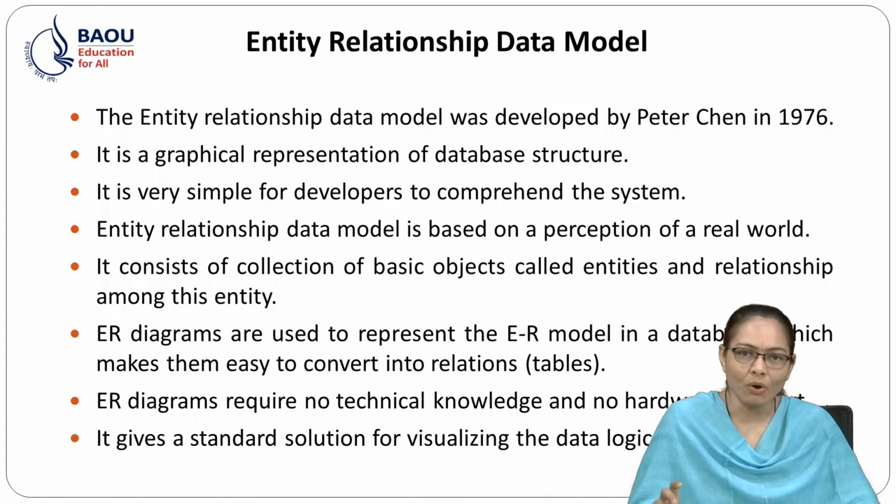In this, all the entities, attributes, and relationships are presented graphically, and we can easily understand graphics. It is very simple for the developer to comprehend the system. For the developer, it is easy to understand the overall system because the ER model is graphically represented and we can easily understand the graphics or the diagram rather than the text.